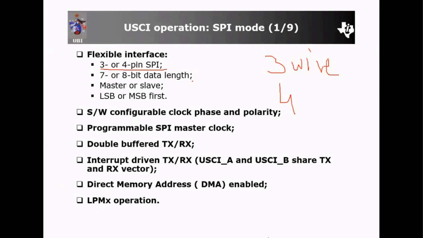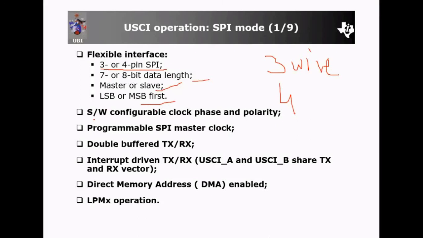It can transfer data with a 7 bit or 8 bit data length. It works as a master or slave, LSB or MSB first. If you want to transfer the LSB first, you can do that. If you want to transfer the MSB first, you can do that.